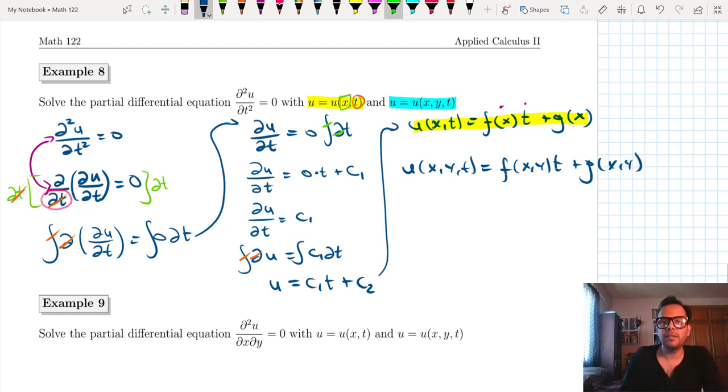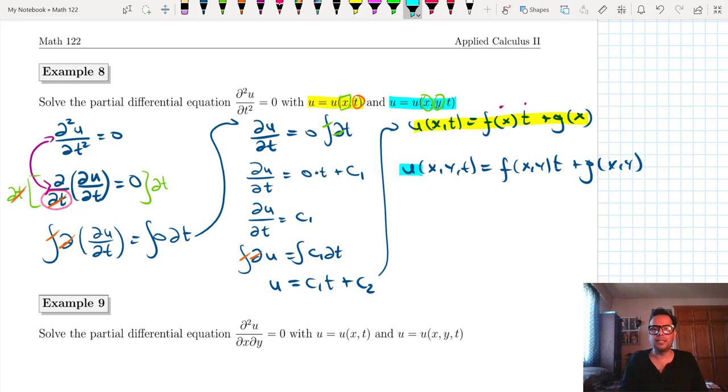Why is that? Because in this case both x and y were the variables held constant during the integration.